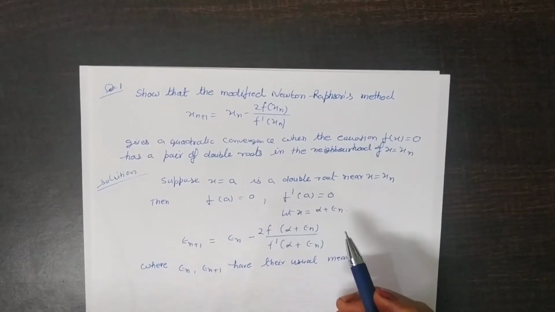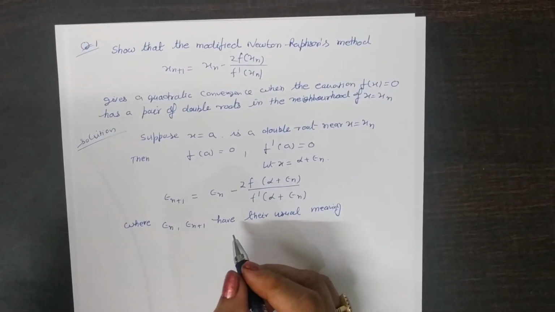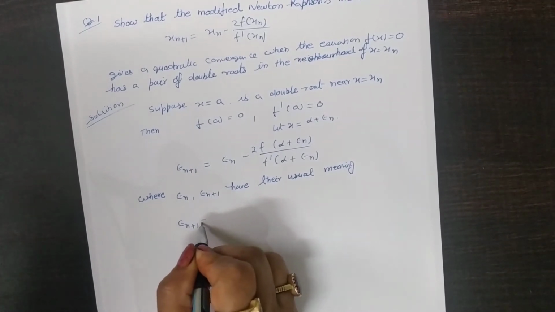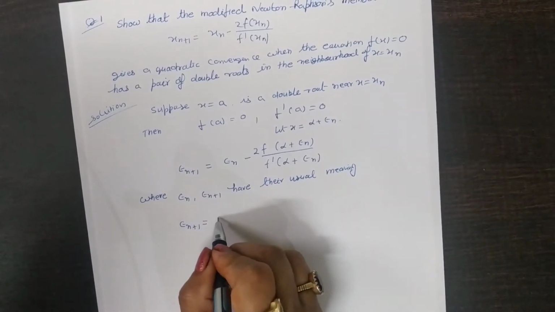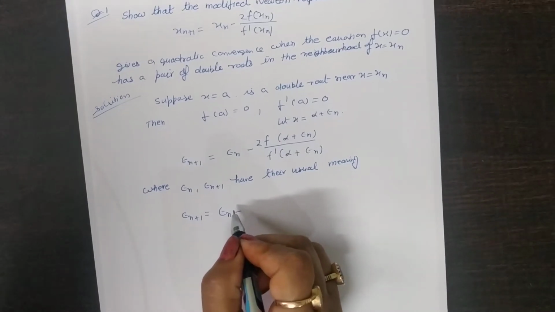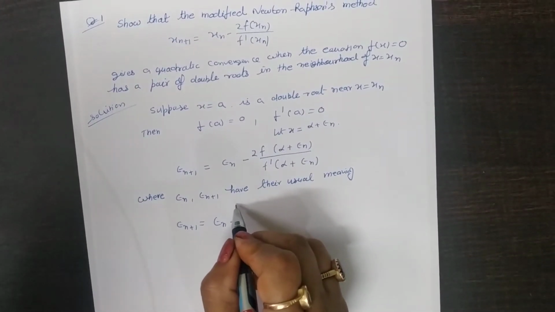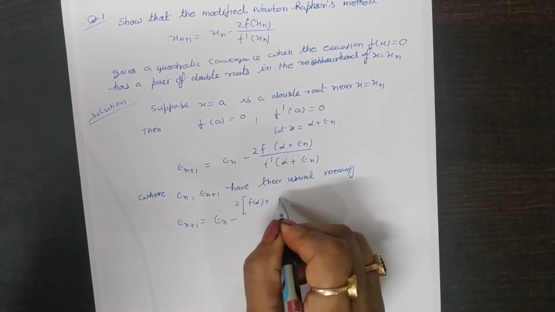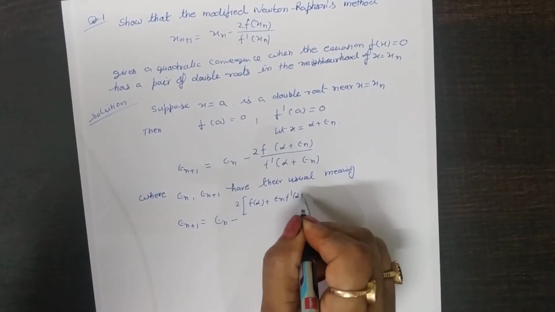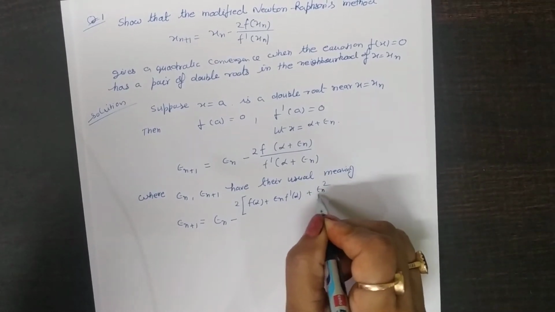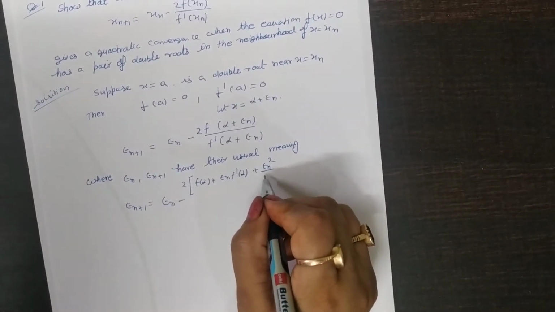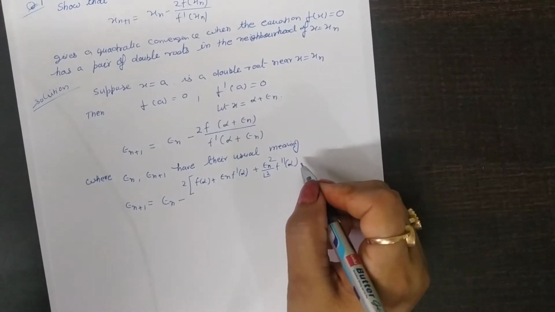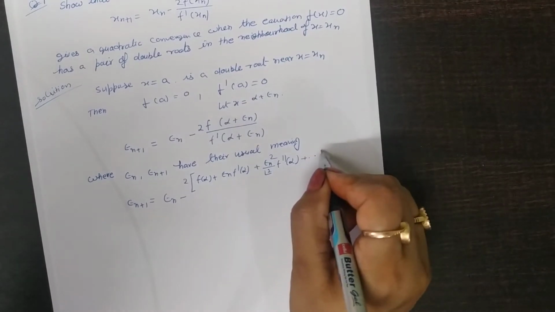Okay, so substituting this, epsilon(n+1) is equal to epsilon(n) minus 2 times, and here you expand the numerator: f(alpha) + epsilon(n) f'(alpha) + epsilon(n) squared by factorial 2 f''(alpha), and so on with the third derivative.